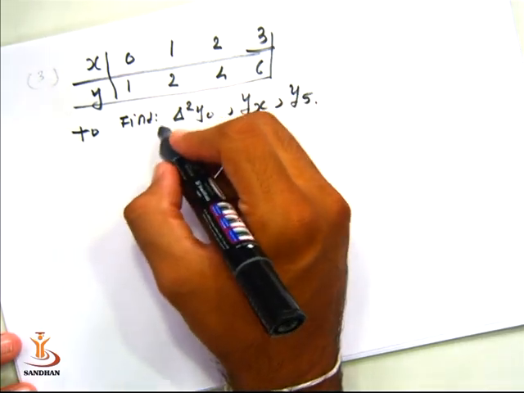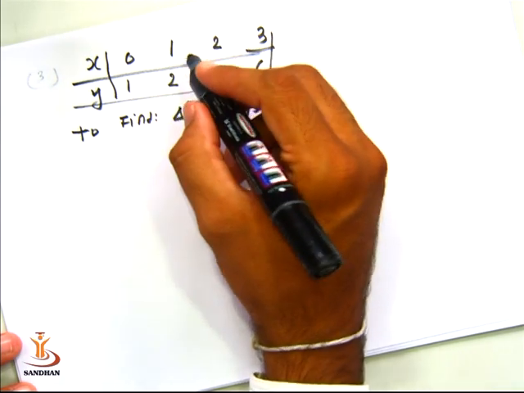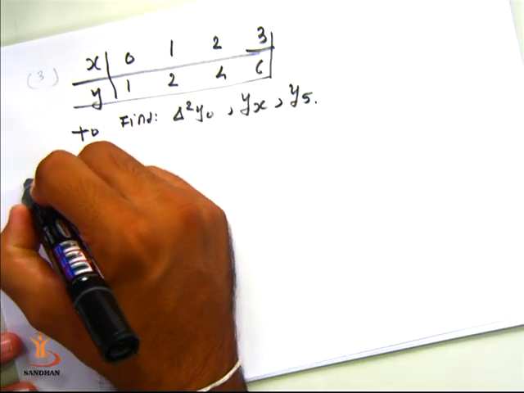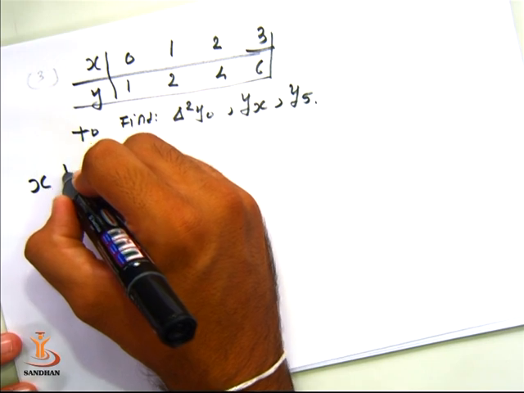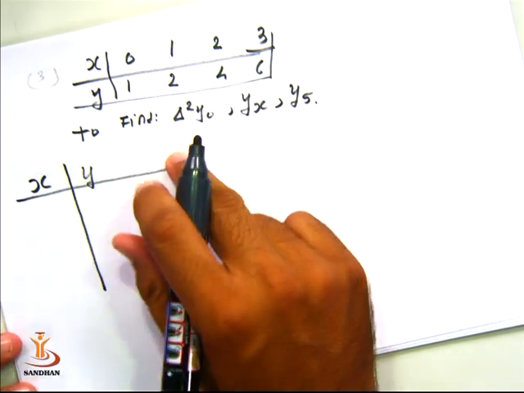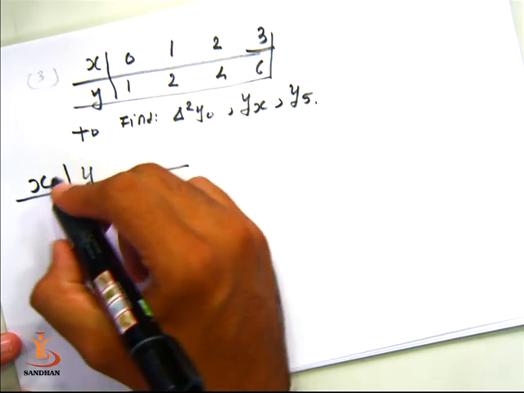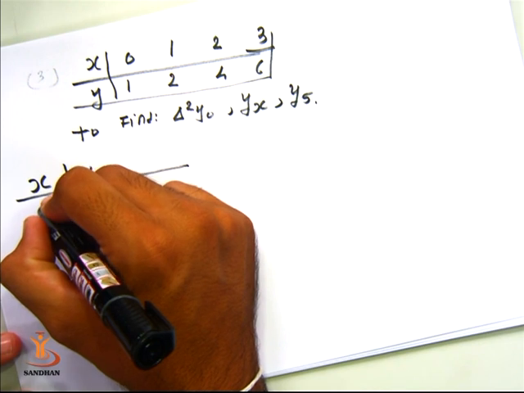So to get this delta 2 y0, we will use the application of the difference table that we have seen earlier. So let us try to draw the difference table in this manner: x, y. It should be noted that whenever you are drawing the difference table, you always keep one line space between two values of x and y.